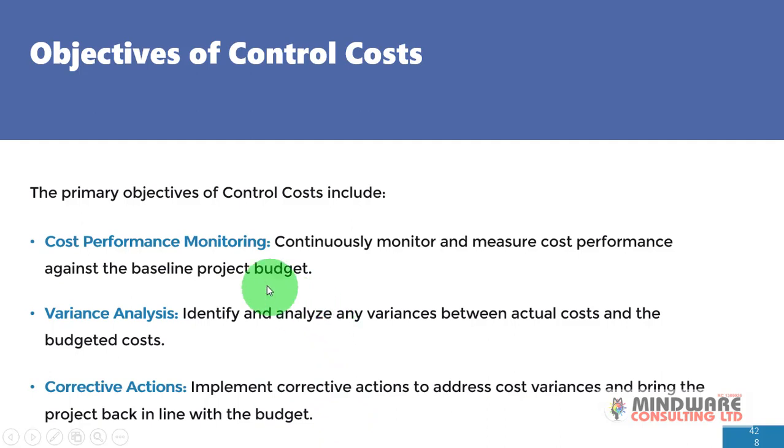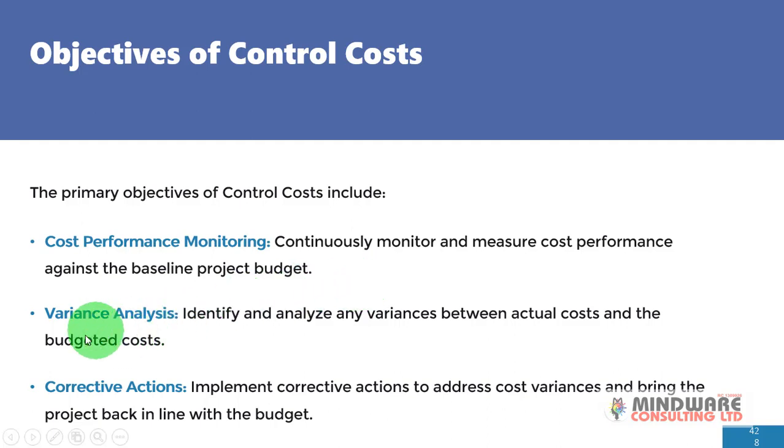Now, this is the process for controlling the project costs. You're carrying out your monitoring, continuously monitoring the costs while the project is being executed, from activity to activity, from phase to phase, from milestone to milestone, as the deliverables are being churned out.